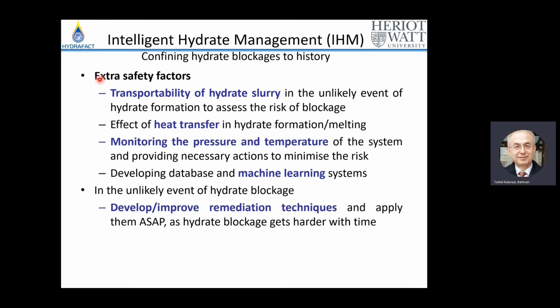Another extra safety factor that the industry so far does not take into account is that we forget that what is important is blockage, not hydrate formation.